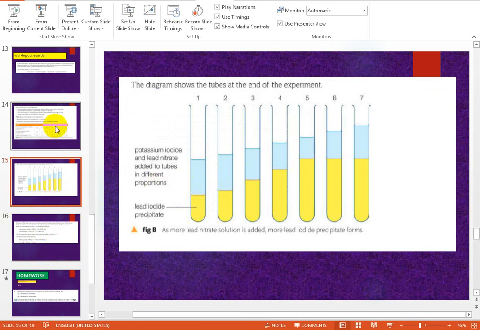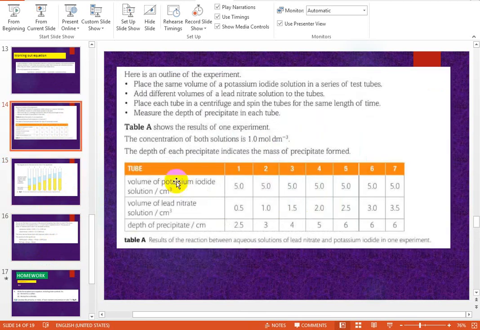How much volume of the two reactants? The volume of potassium iodide is 5 cubic centimeter, and lead nitrate 2.5 cubic centimeter.